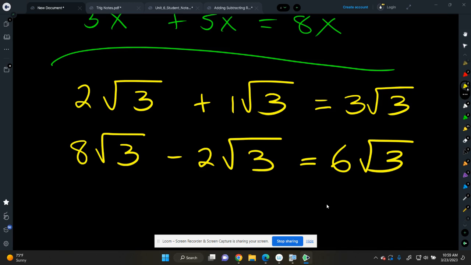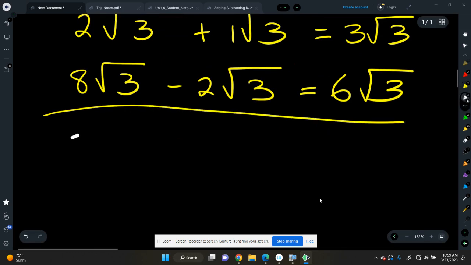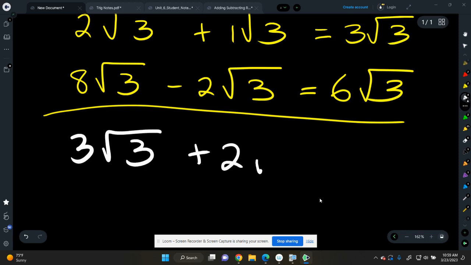All right. New example, new visual. So here we go. We're going to do 3 root 3 plus 2 root 7.